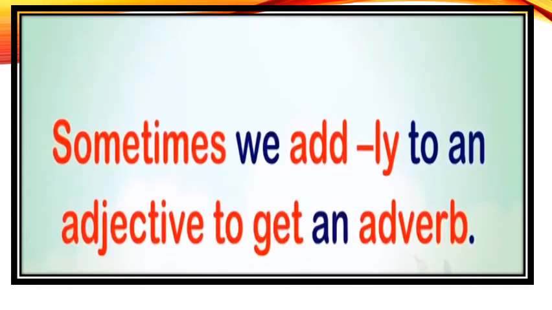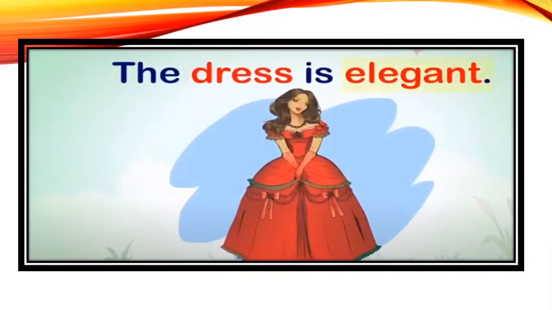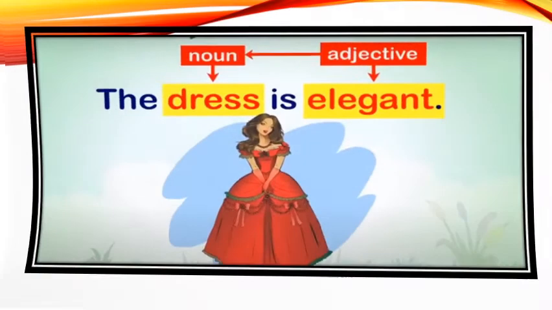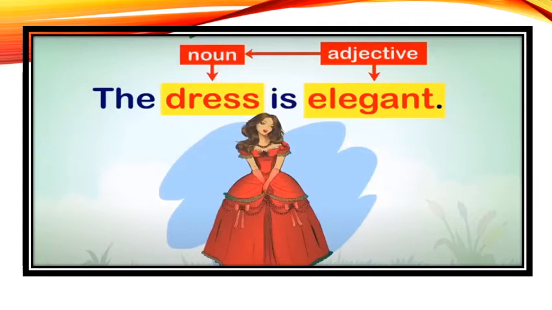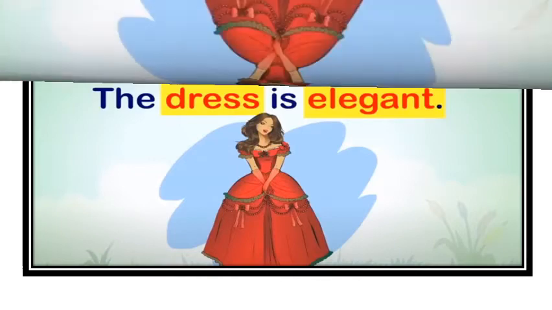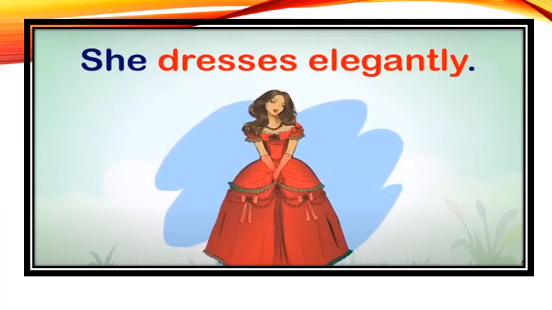Sometimes we add ly to an adjective to get an adverb. For example, the dress is elegant. Here, elegant, an adjective, describes the dress, which is a noun. She dresses elegantly.